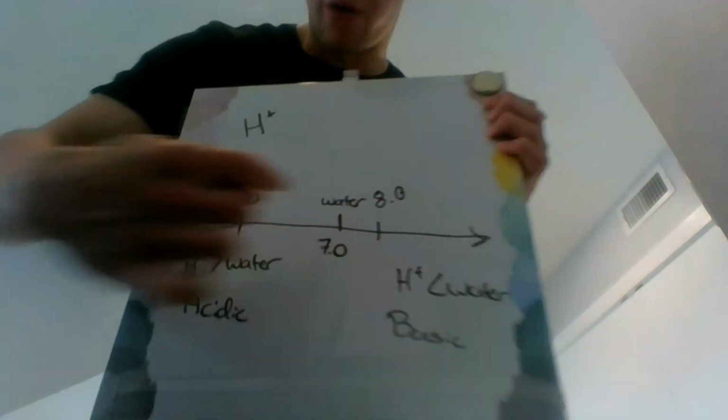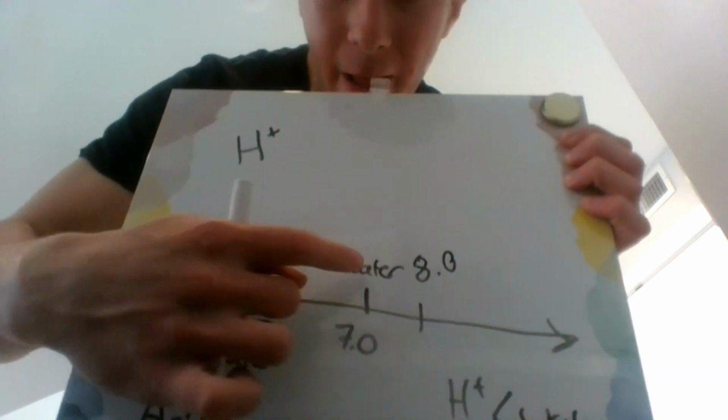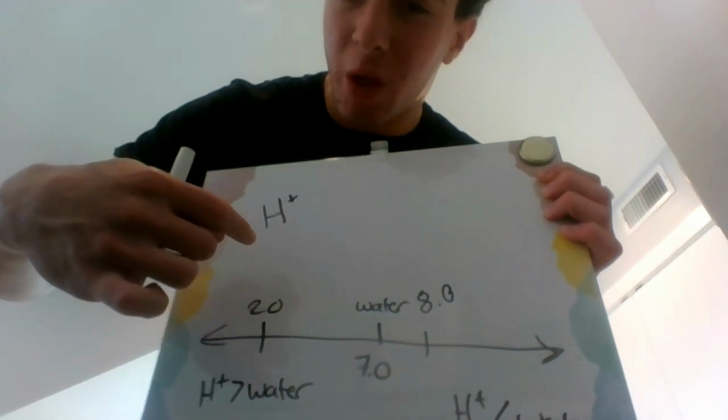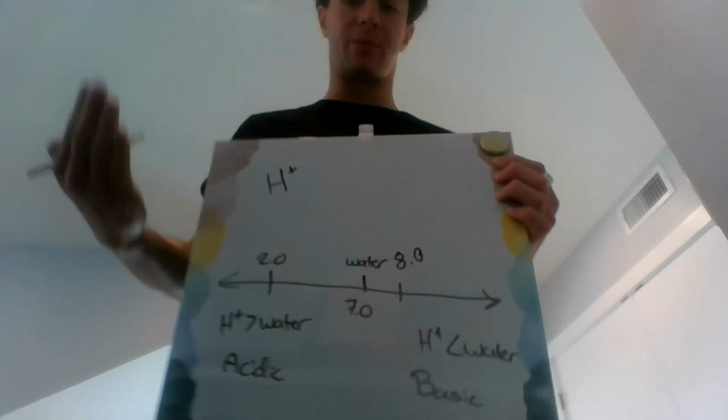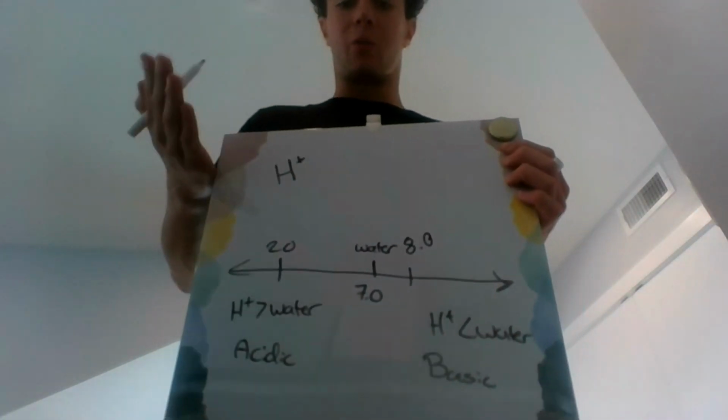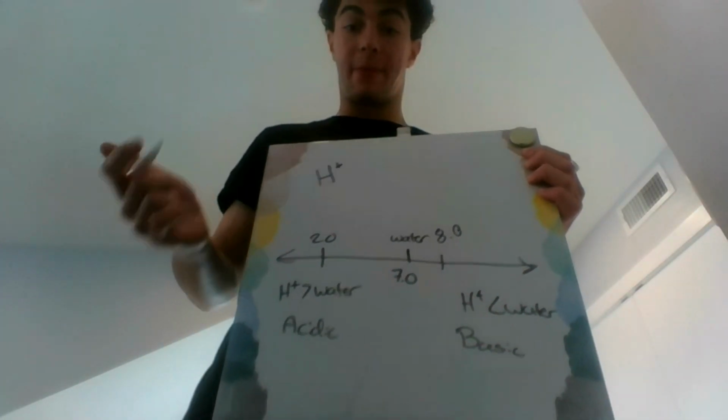They're very close on the scale, but this has 100,000 times more hydrogen ions. That's why logarithms are used, to make it much more digestible on the large scale.